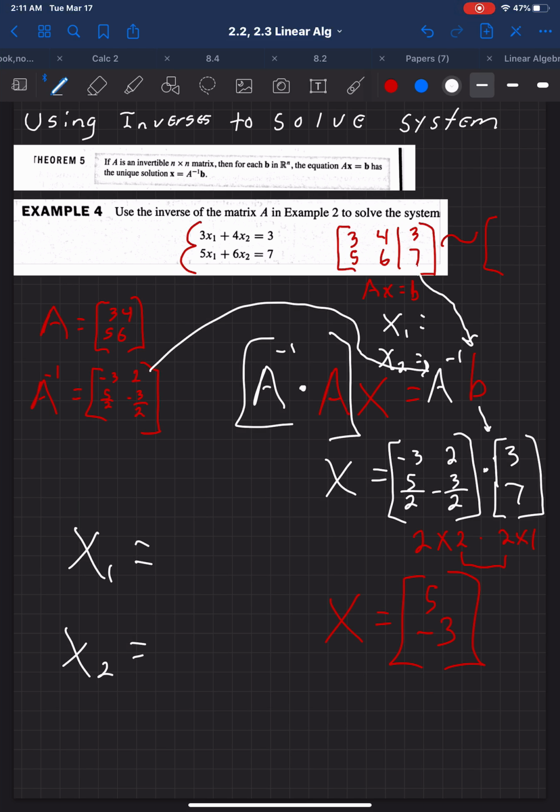What we did was simply use the fact that the coefficients over our variables can be thought of as a matrix, and that since it has an inverse, we can use that inverse to find the solutions. X sub 1 is 5, x sub 2 is -3. That is probably the greatest thing that you've ever done in your whole life. That I know to be true.